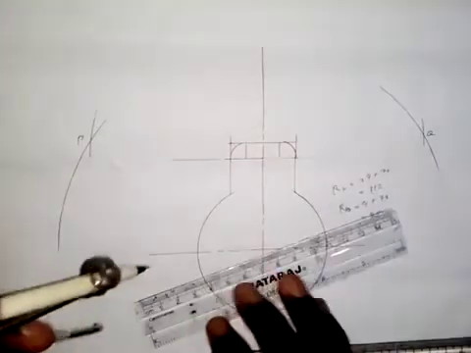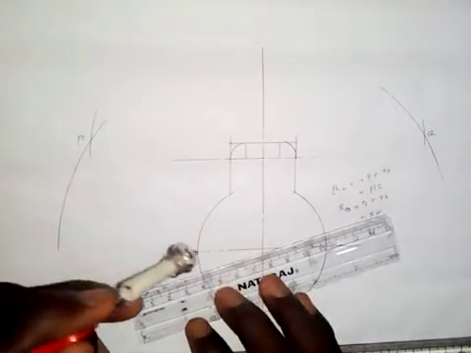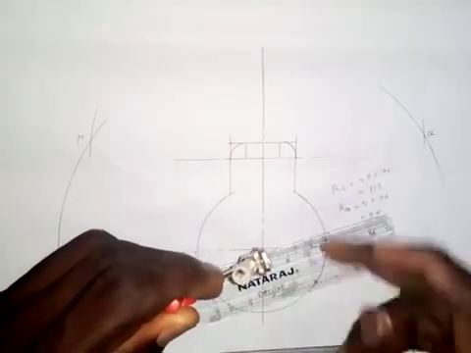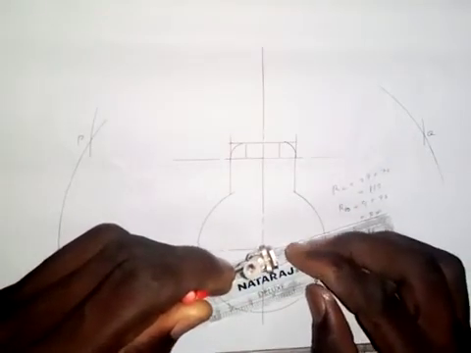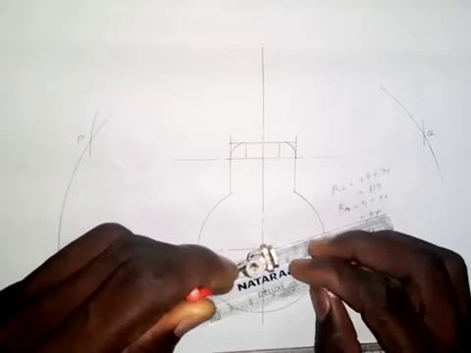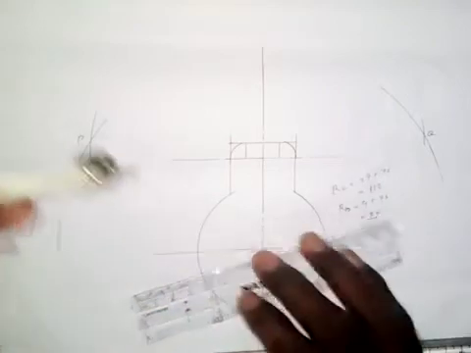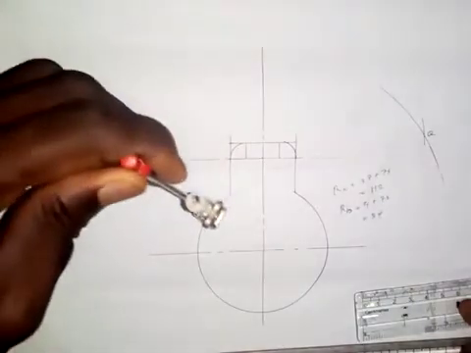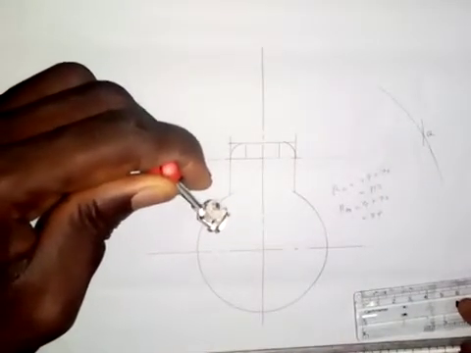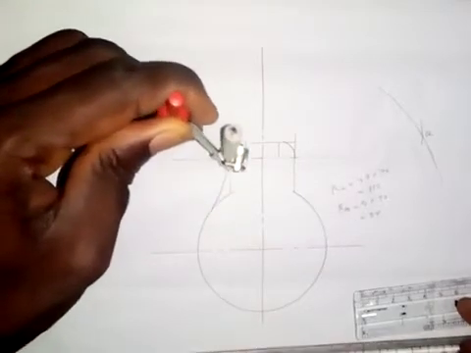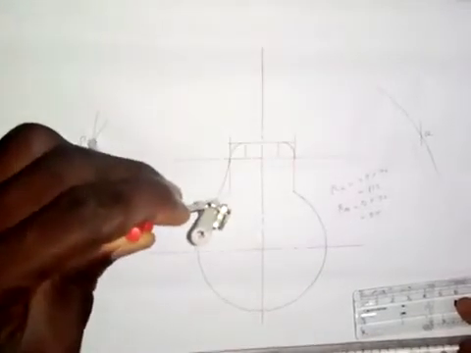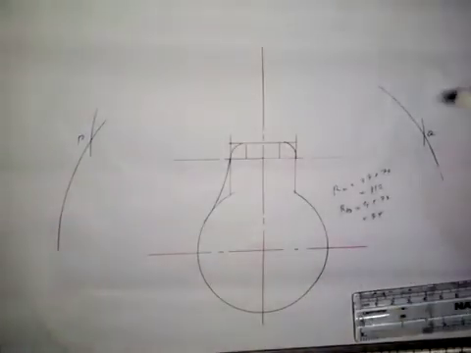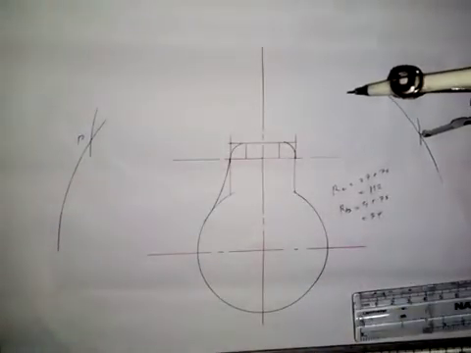Now we take 75 millimeters as the radius of the arc that connects the straight line and this big arc together. So 75 millimeters with a compass. Okay, so I put it at the center here, and then I will draw an arc like this. Then the same 75, put it at the center here.